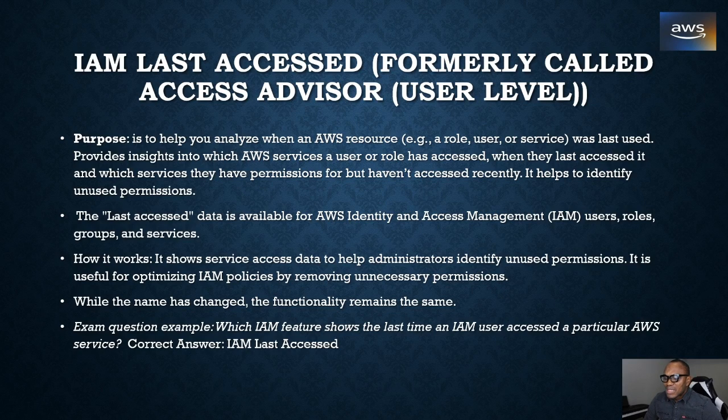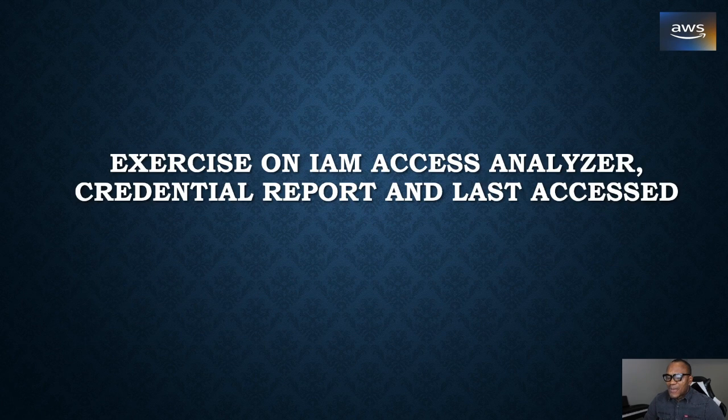So it helps to identify unused permissions too. So that's that about Last Access. You have to go to each user or each role and click Last Access. Then you can view which services they have accessed and when they last accessed them, and so on and so forth. So let's go to the management console now and do our exercise for today.